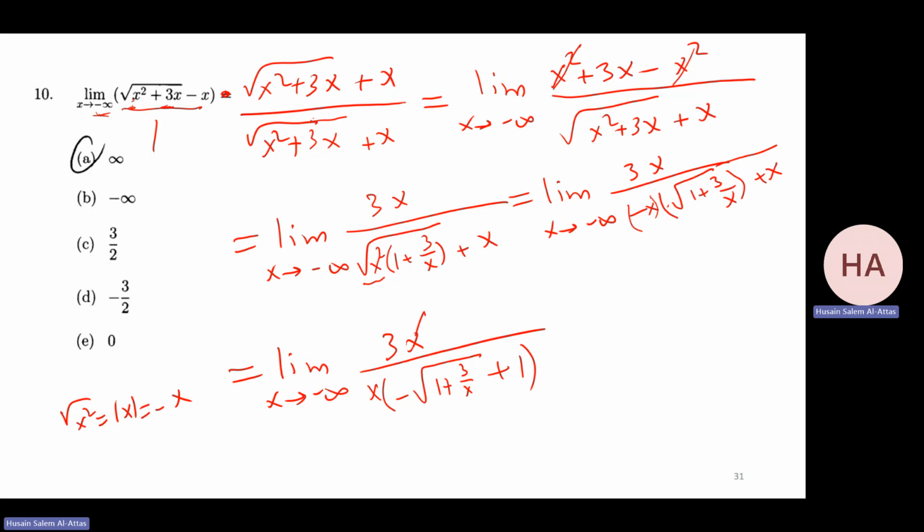So this is cancelled. And this is 0. So you have a number over 0. This will be minus 1 plus 1. And if you notice, this one will be more than 0 or less than 0. It will be positive or negative.